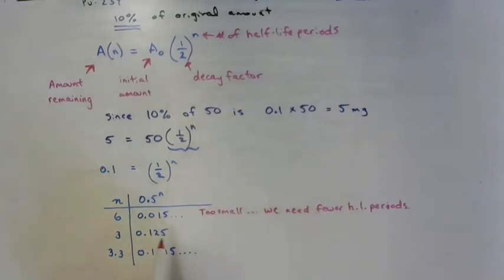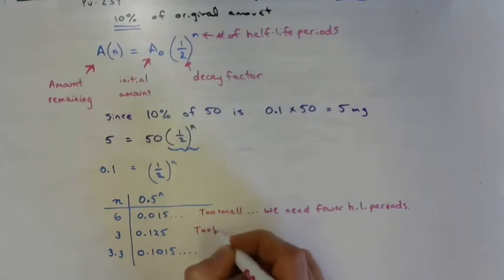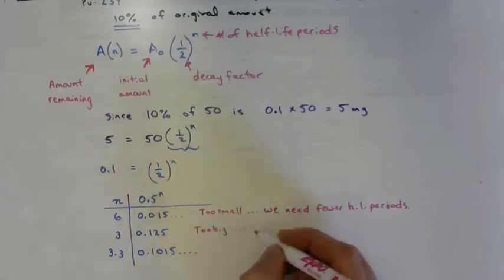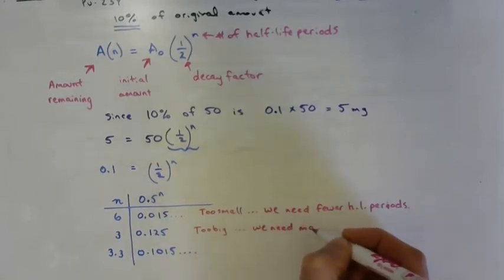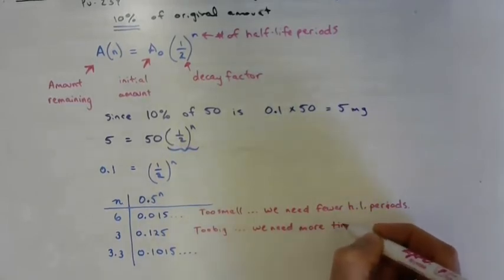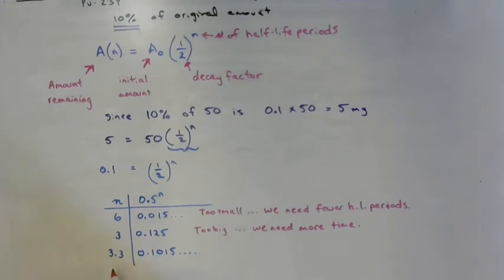Then when we put n as 3, 0.5 to the power of 3, our number was a little bit too big. Our value was too great. So we actually need more time. And then we tried 3.3 half-life periods, and this is a good approximation.